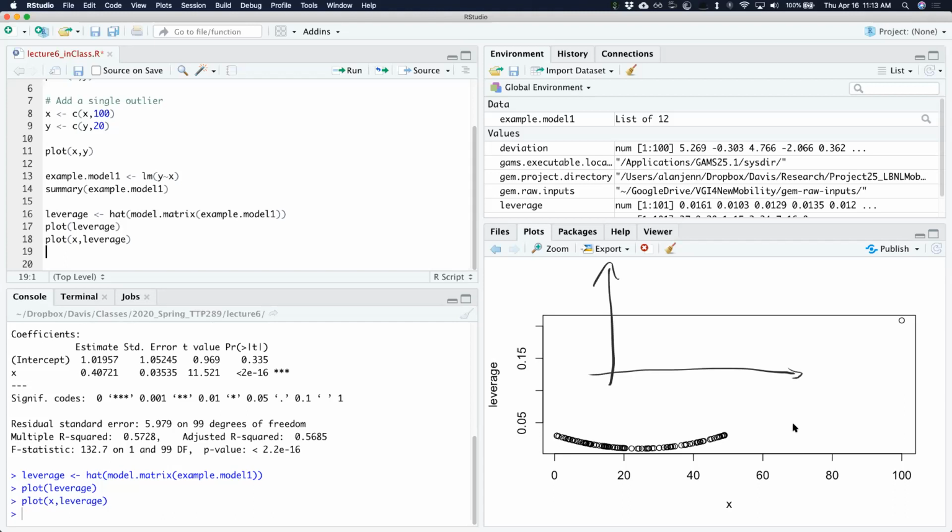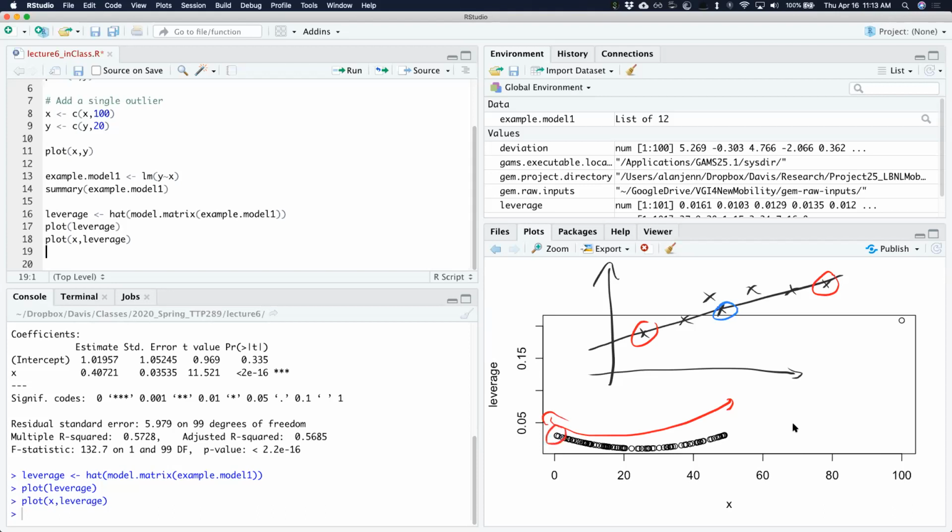So even in the case where, if I were to have a bunch of points and a line that goes through them, even if I have x's that lie exactly on the line, these points are going to have more leverage than the ones in the middle, and you can see that relationship happening right here, right?